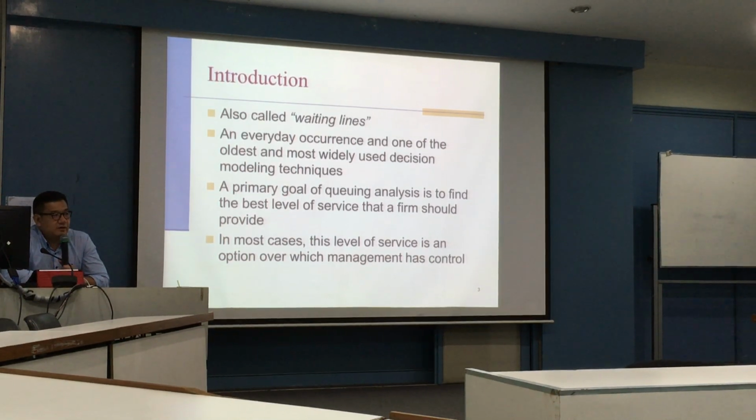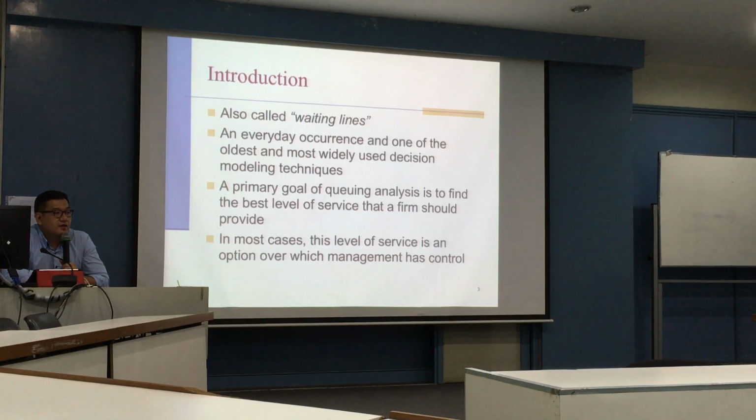So you have the queue on tollways. You try to find a parking space in the parking lot. This is queuing. You call the call center, right? And you are on hold with the operator before you get to someone who is going to serve you. So this is queuing.